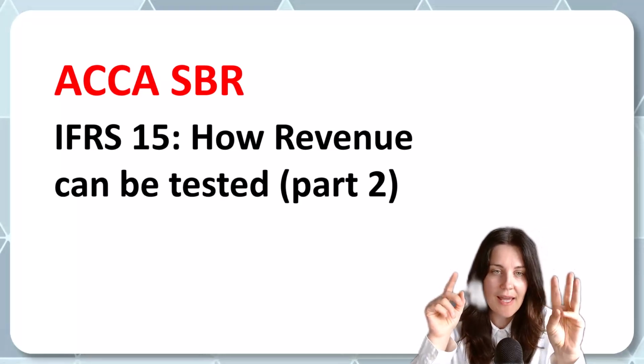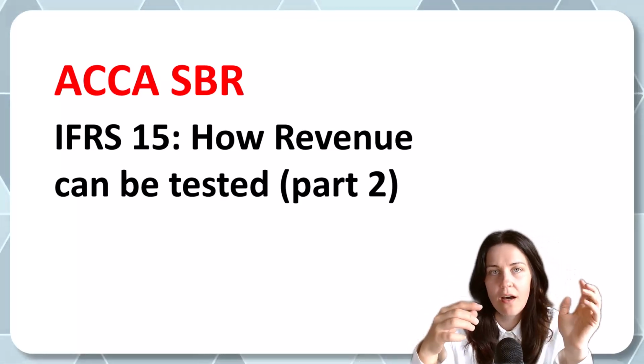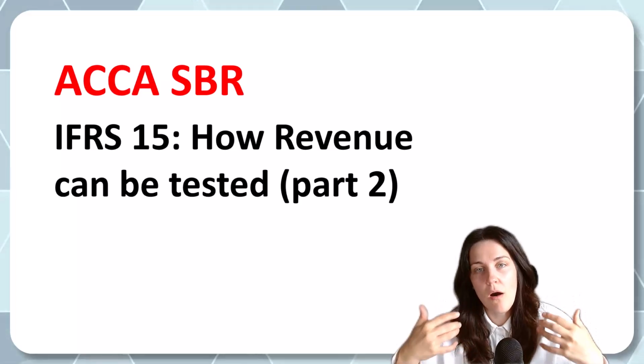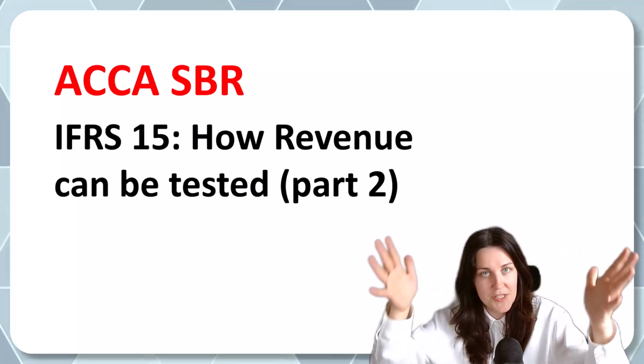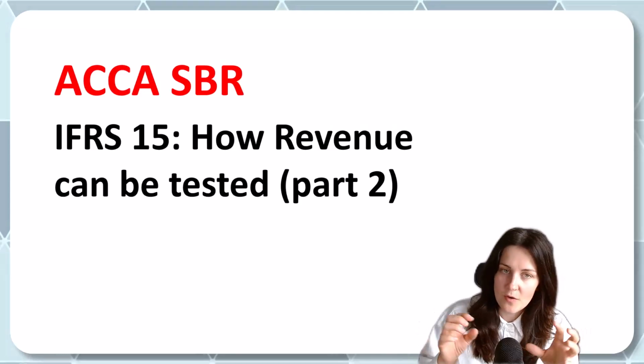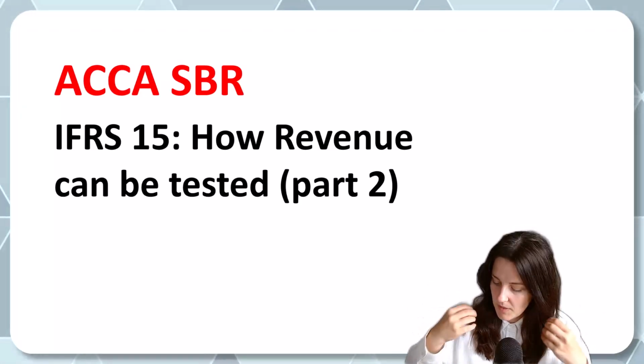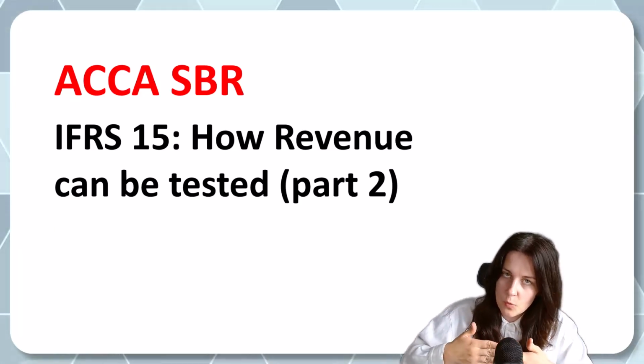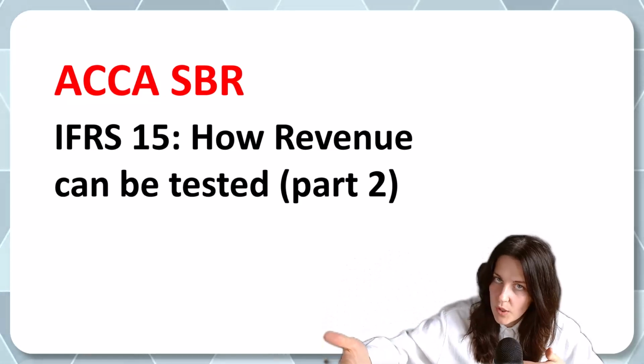And there are only 3 cases when revenue is recognized over time, and sometimes you are asked to challenge if this scenario is one of these 3 cases. I would remind you, revenue can be recognized over time, meaning that I will not have to wait till the completion of the project.